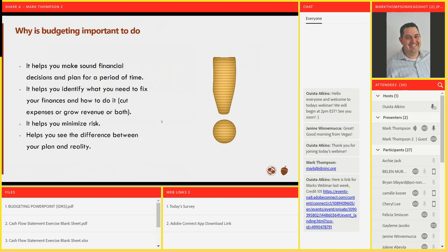We know we're going to have some expenses in the future. Can we meet those expenses? And if we're seeing something in our budget that says, oh man, I'm going to be running short, it allows us to make those decisions much earlier, when it's much easier to correct and say, hey, I need to bring in more income or I need to cut other expenses.